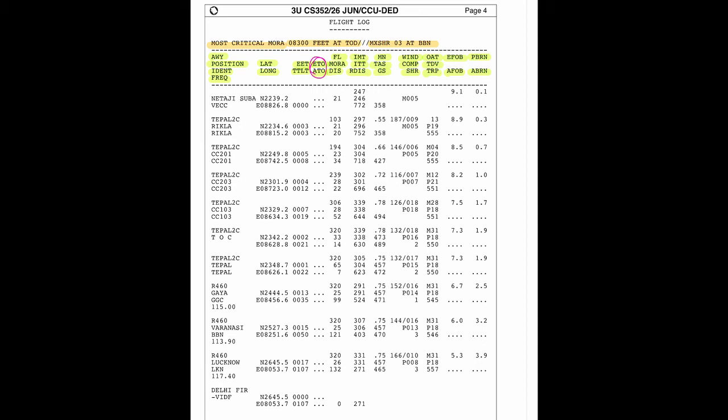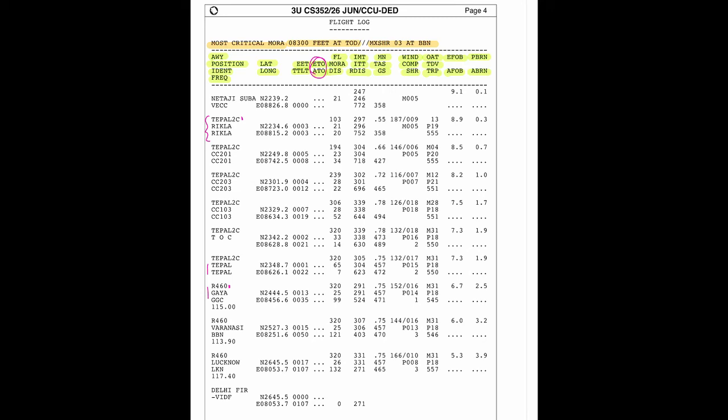So these are all the initials. Now I am going to discuss them one by one. First of all, let's take TUPLE 2C to REKLA. TUPLE 2C is our SID, this is the airway actually. If we go down there, you can see R460, from TUPLE we will have R460 to Lucknow.